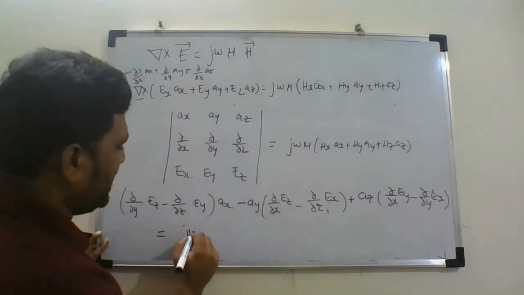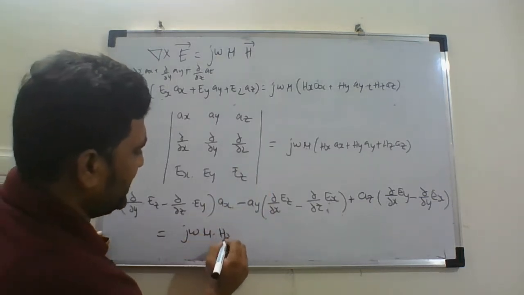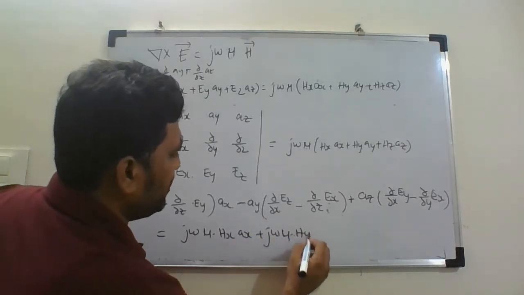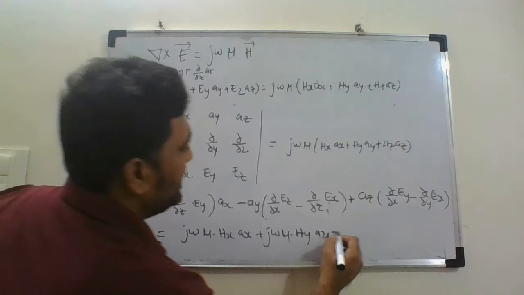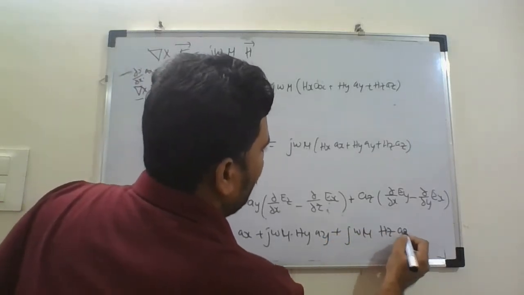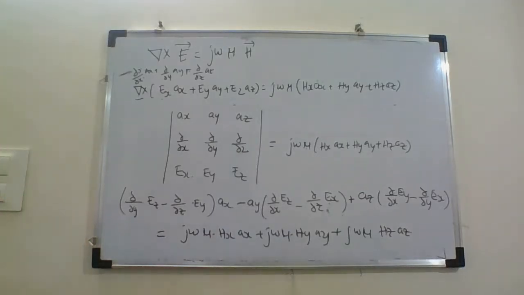This is equal to j omega mu into Hx ax plus j omega mu into Hy ay plus j omega mu into Hz az.